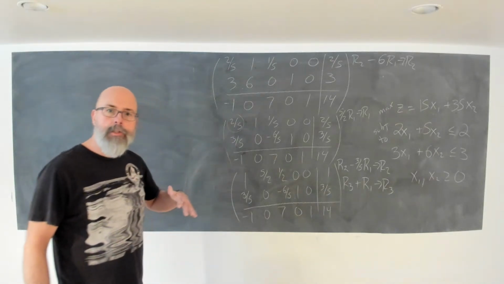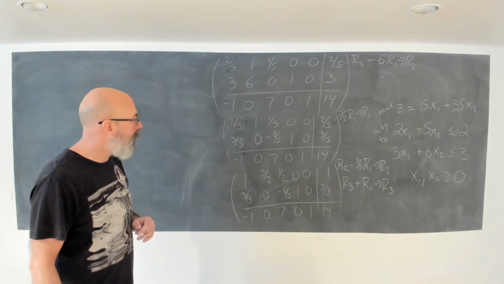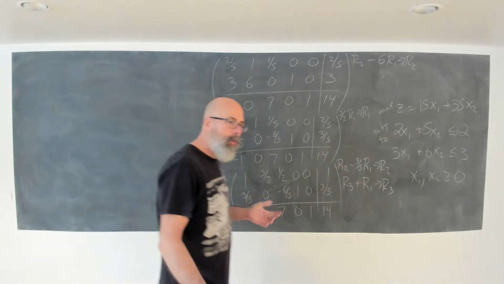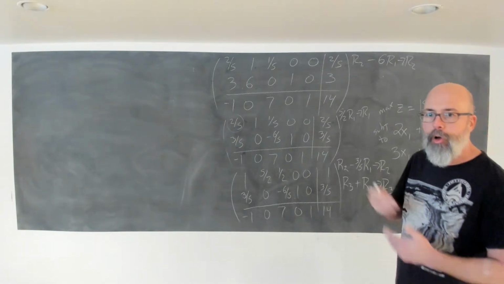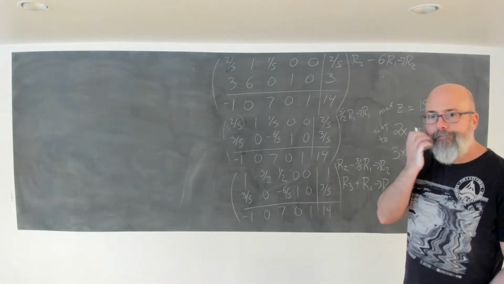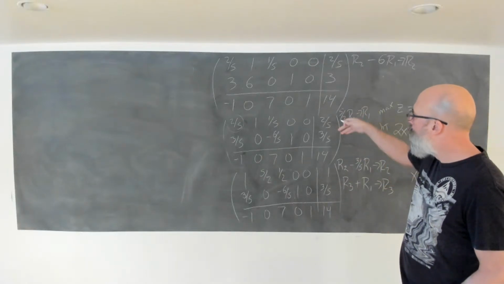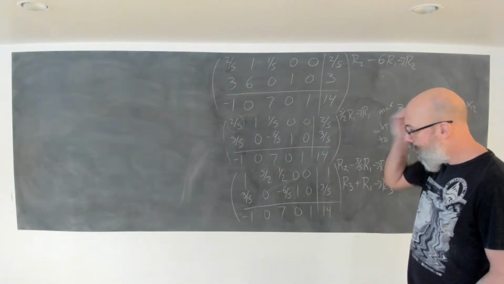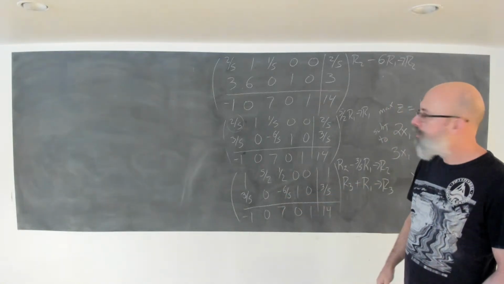It could have just as easily been the lowest, and if you keep working with that, that would have been fine. But it's an arbitrary rule so that you don't get lost in the process. So topmost, if 2 or more are equal. Leftmost, if you've got the most negatives 2 or more times.